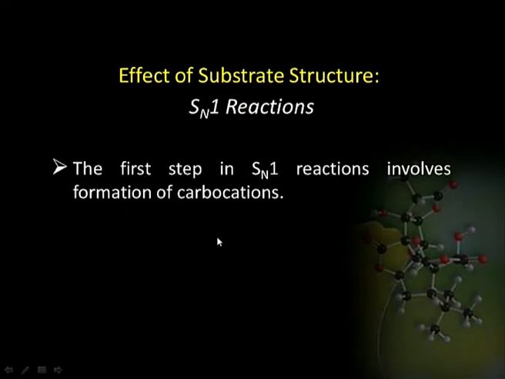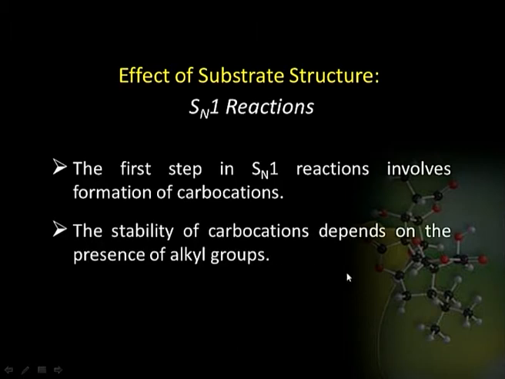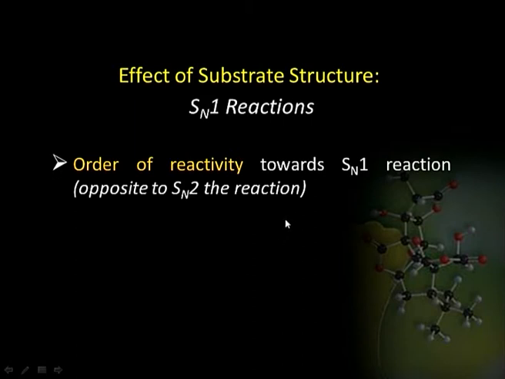In case of SN1 reactions, the first step is the formation of carbocations. The stability of carbocations depends on the presence of alkyl groups. Therefore, the order of reactivity towards SN1 reactions is just the opposite to that of SN2 reaction, which means a tertiary alkyl halide is most reactive, which is more reactive than a secondary.